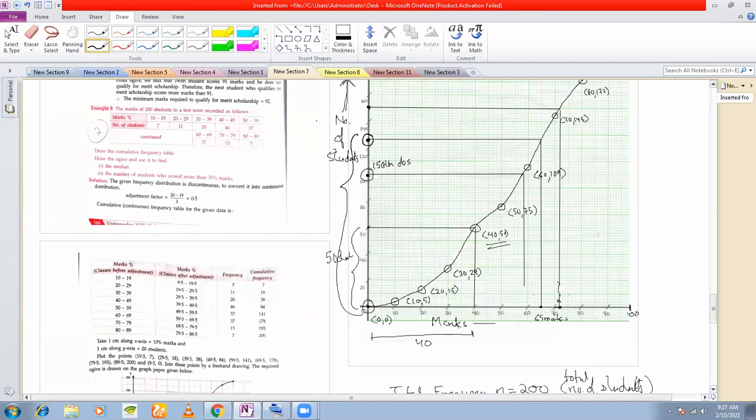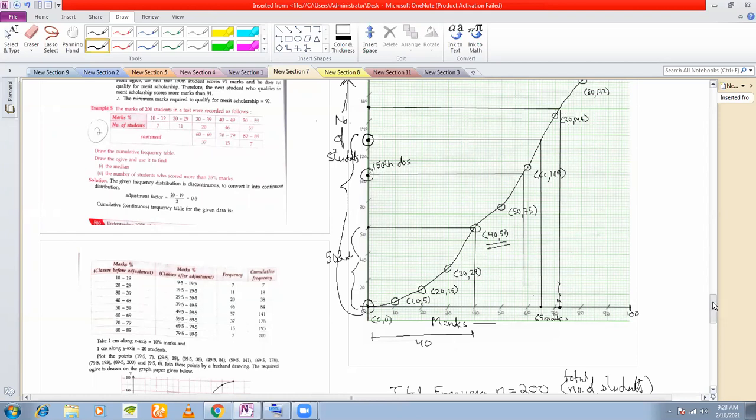How many students here? This comes to around how many divisions above 120? I think approximately 3 divisions. And each division along the y-axis is 2 students. So 120 plus 3 into 2, 6. That means 120 plus 6.